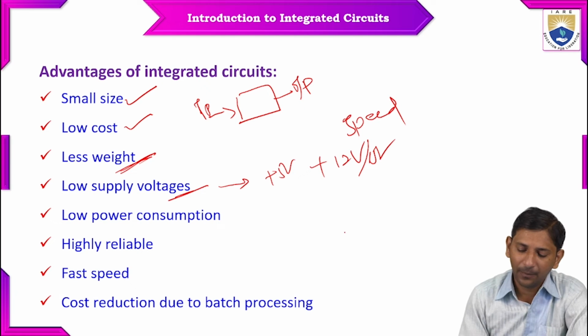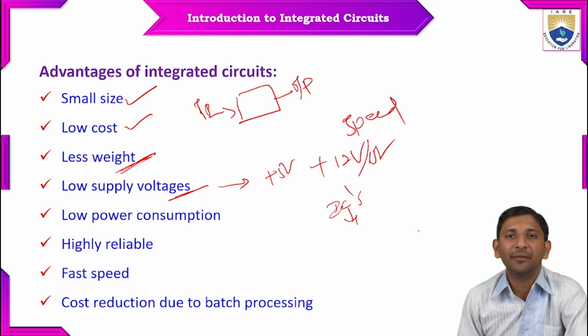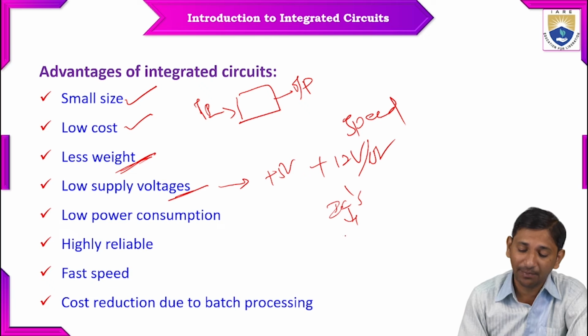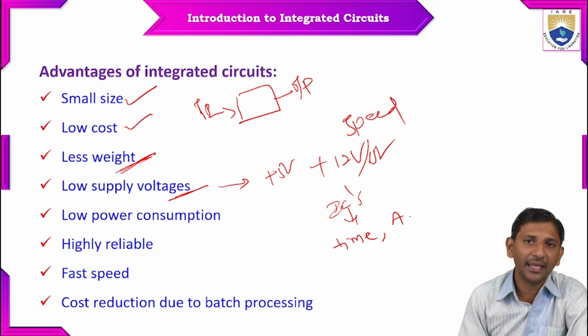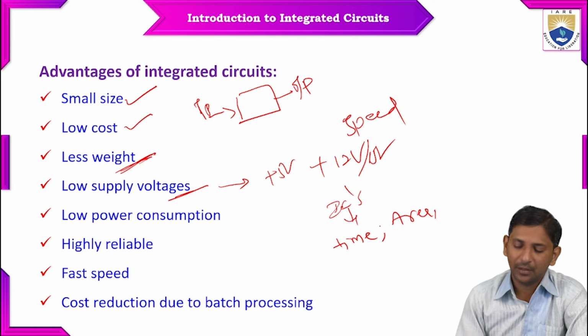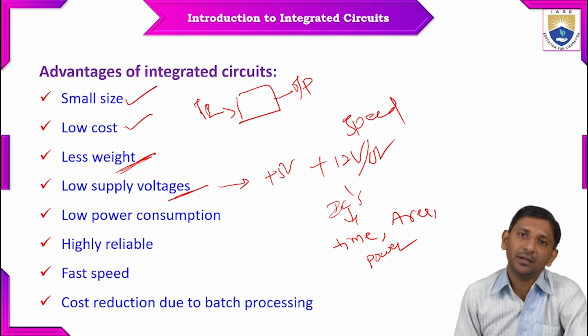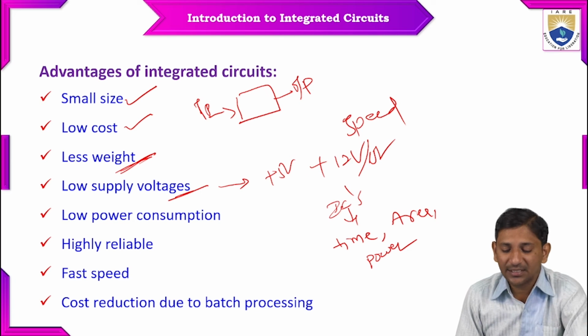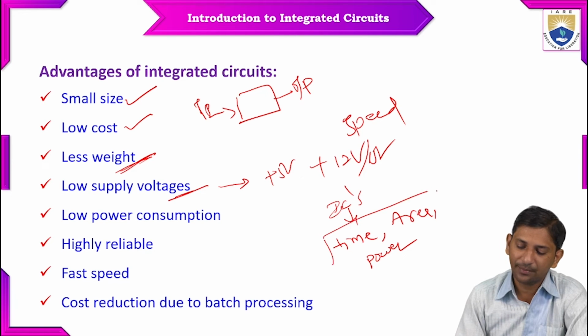And moreover, any integrated circuit functions using three basic parameters: time, area, and power consumption. These three parameters are very effective in designing any circuit, and the integrated circuit has to satisfy its operation using these three parameters.